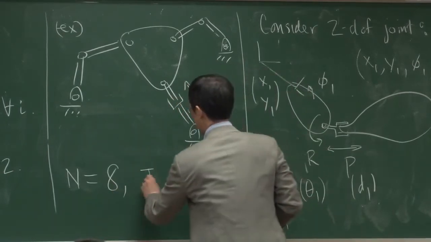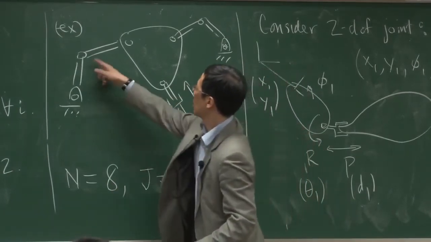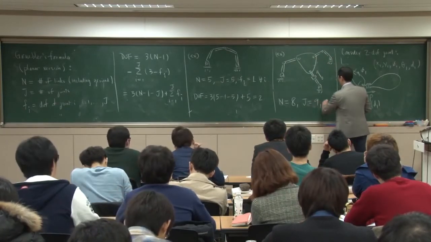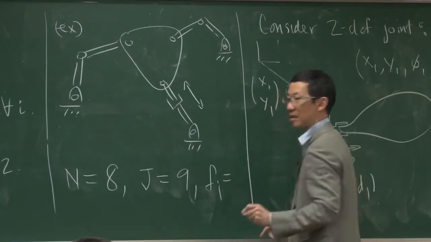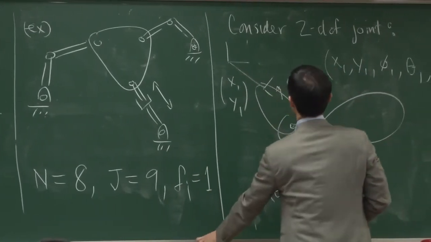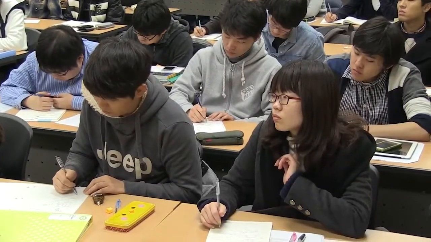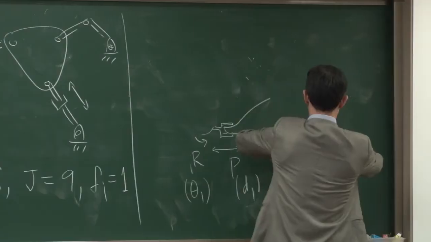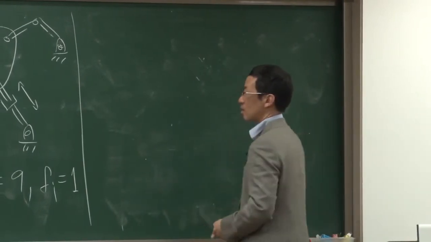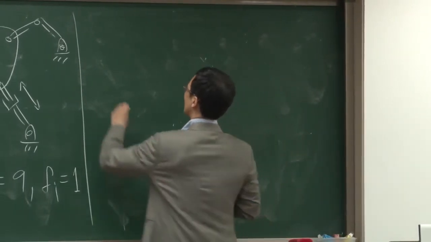Okay, number of joints. 1, 2, 3, 4, 5, 6, 7, 8, 9. And the degrees of freedom, all 1 degree of freedom joints, so it's 1. Okay, so let's plug it in.